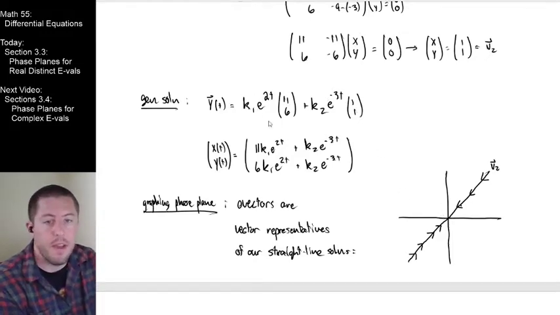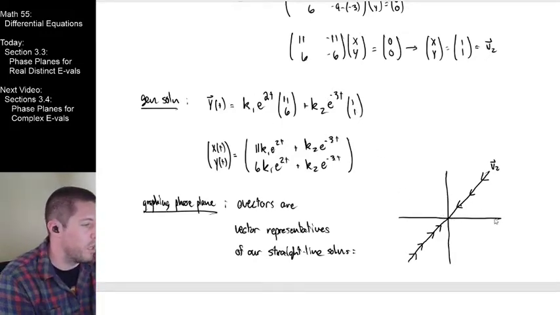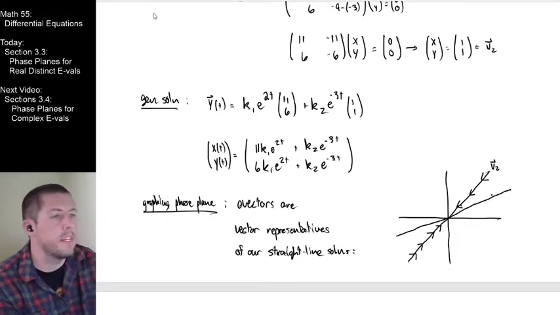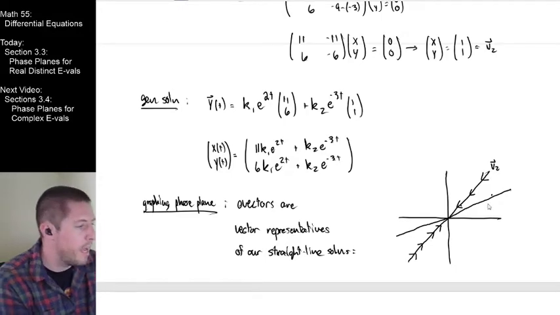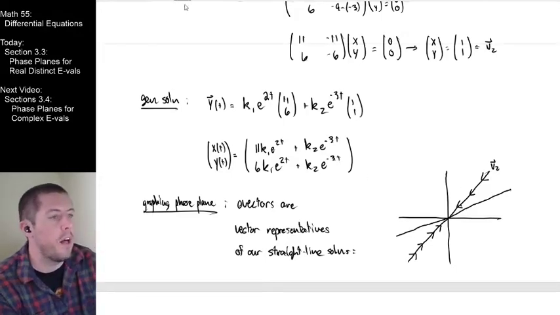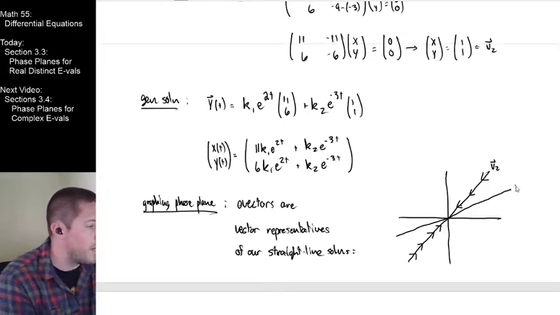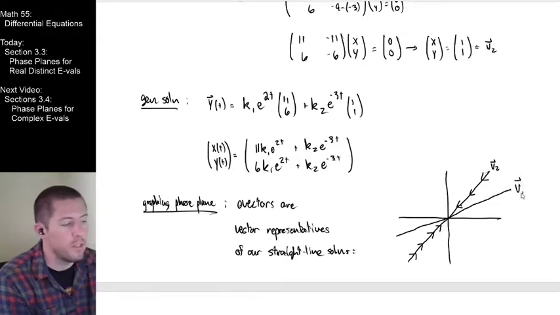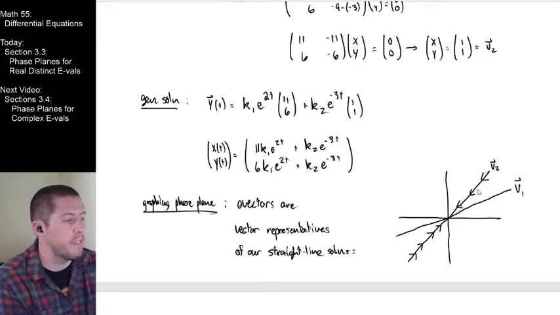On the other hand, we've got the solution 11, 6. So 11, 6 is going to be somewhere over here. Again, this is part of a straight line solution through the origin. So I think it's going to look a little bit like this. Not bad. I'll erase my dot, but I think that was a pretty good estimate. I'll call this our V1 line, associated with our first eigenvector, our 11, 6.